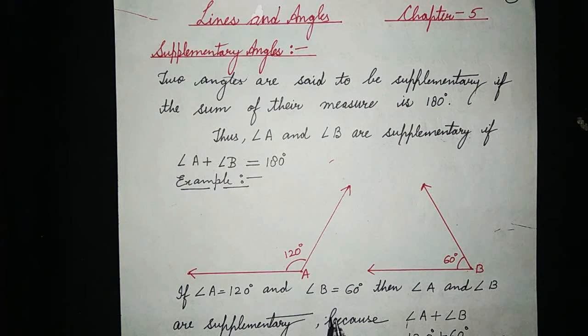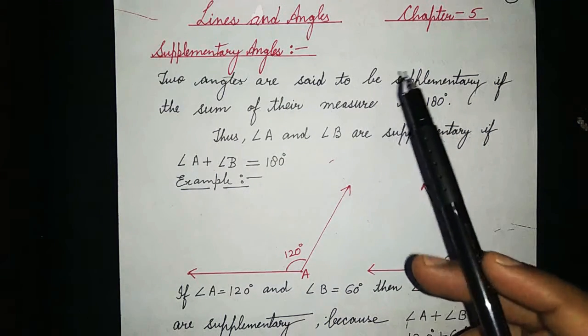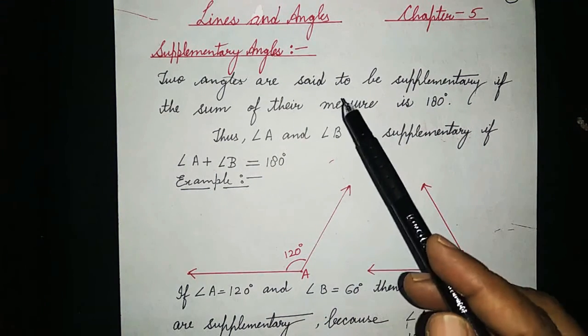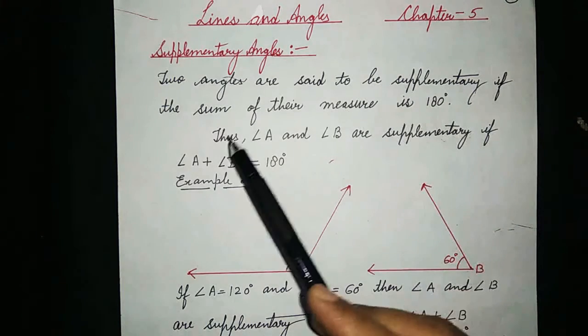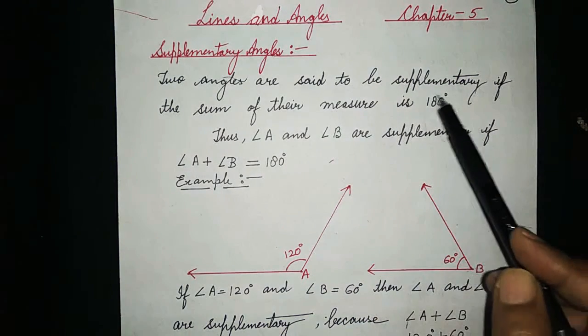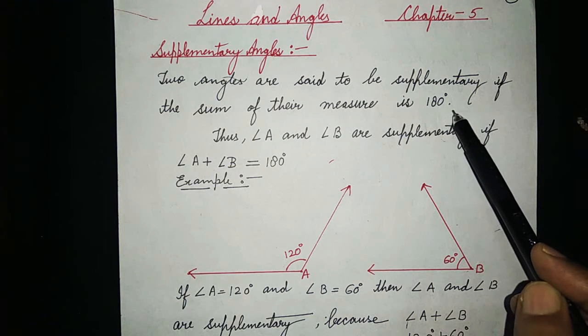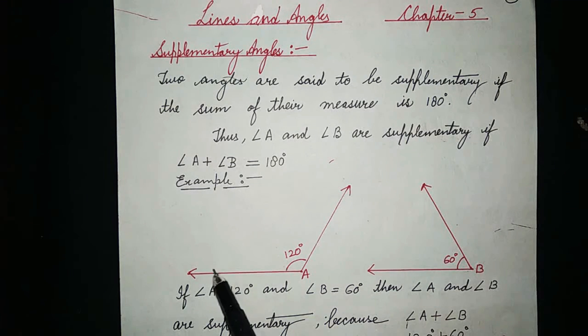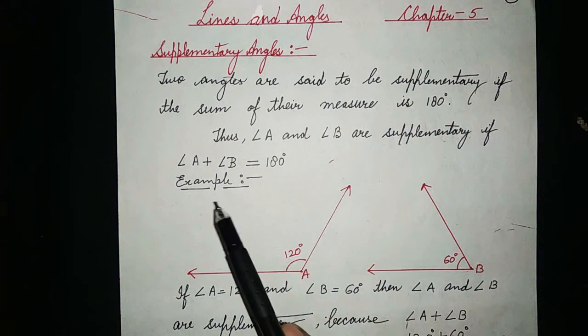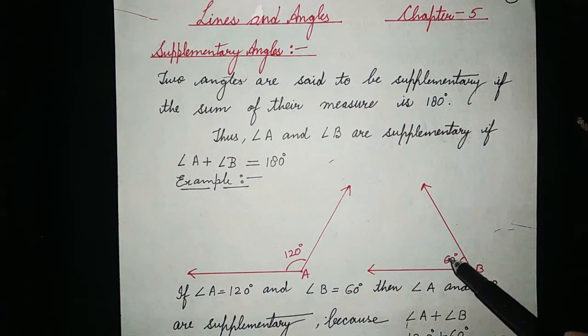Now I will tell you the definition of supplementary angles. Students, two angles are said to be supplementary if the sum of their measures is 180 degrees. Here you can see angle A and B are supplementary if angle A plus B is equal to 180 degrees.